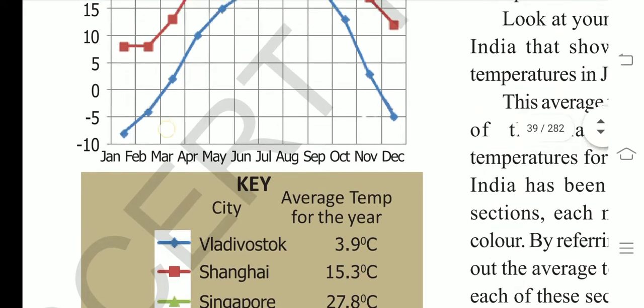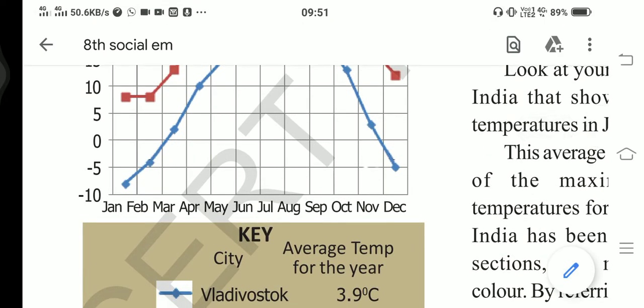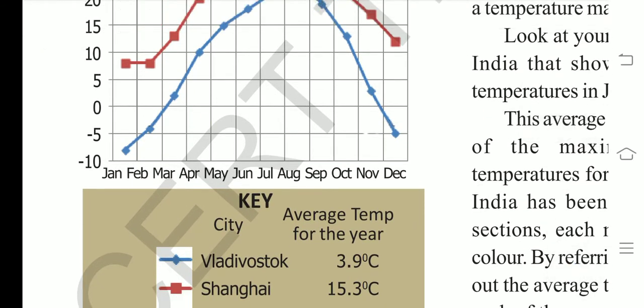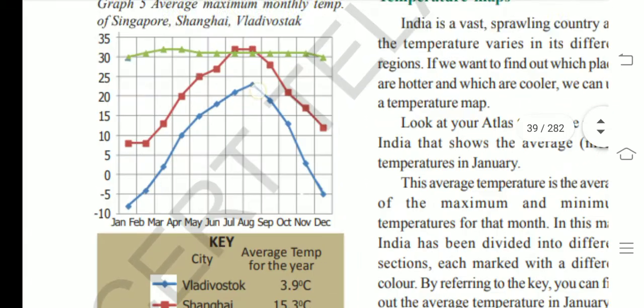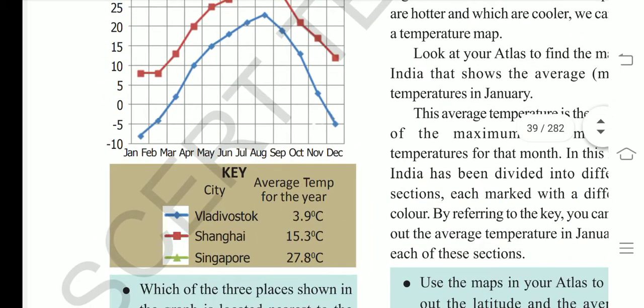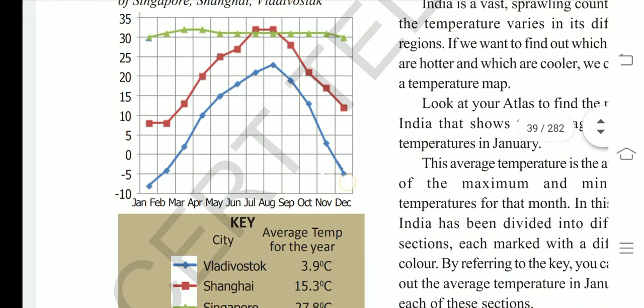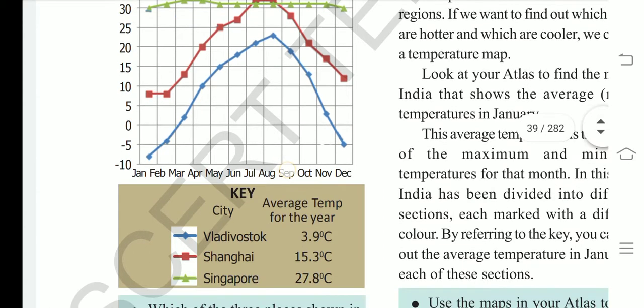The blue curved line shows the temperature throughout the year for Vladivostok, the red curved line shows the temperature at Shanghai, and the green line, which is almost a straight line, shows the temperature recorded at Singapore.